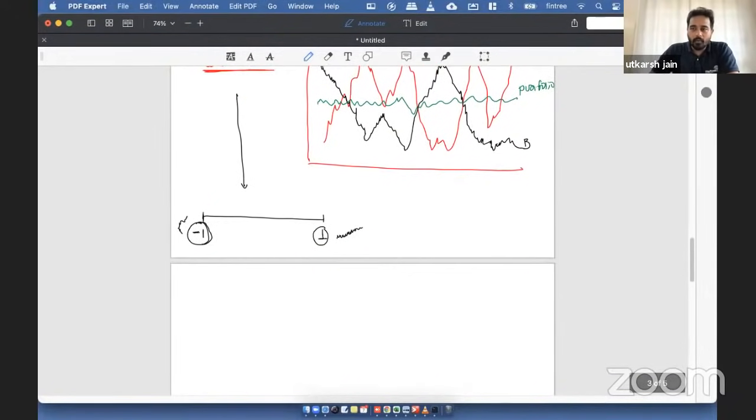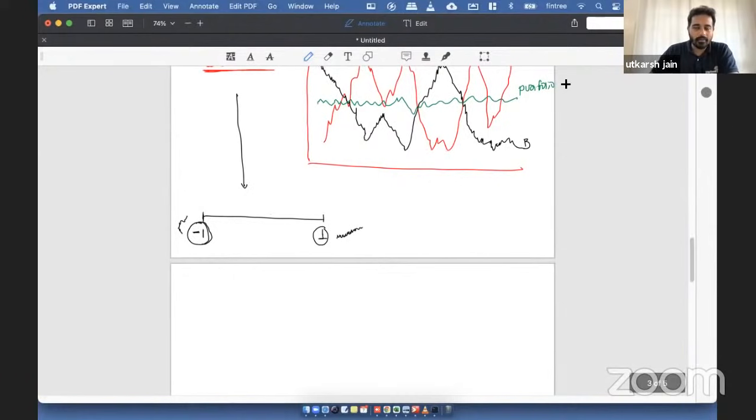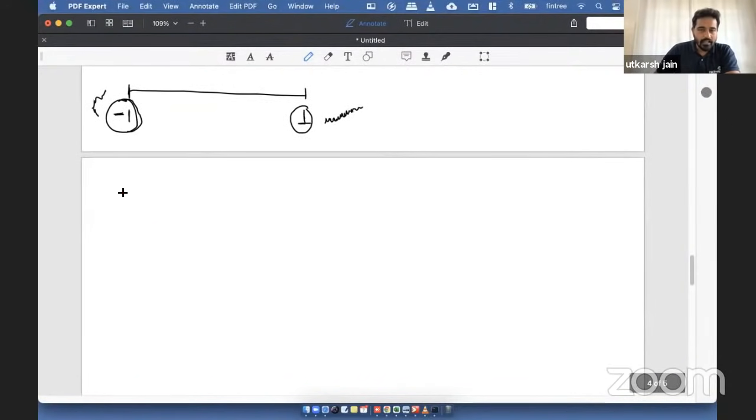Now, step 4 of our building block, which is kind of critical, and this is where we'll have to do a little bit of mathematics as well. In section 1, we learned how to calculate the expected return of the portfolio. Now we want to learn to calculate the risk of the portfolio.